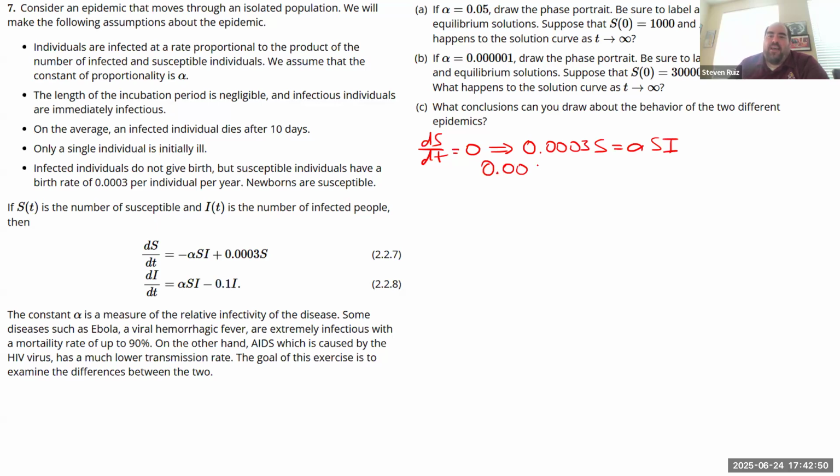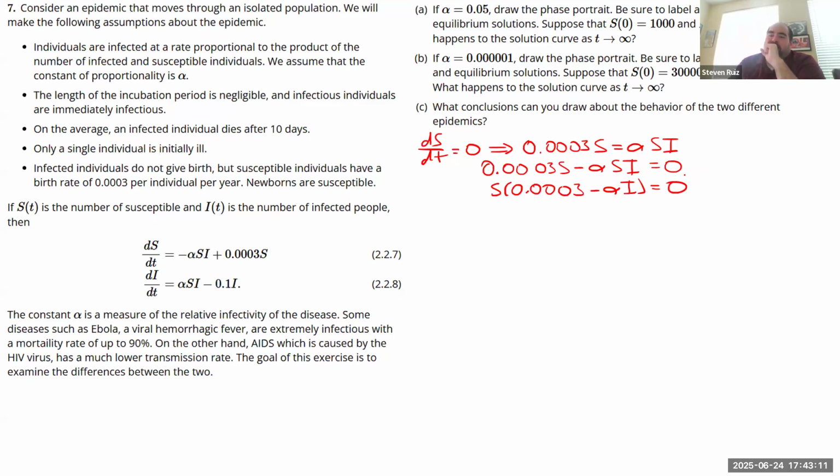Because both of these terms have an s, I can factor that out: 0.0003s minus alpha si equals 0. Factor out the s, and I get s times 0.0003 minus alpha I equals 0.